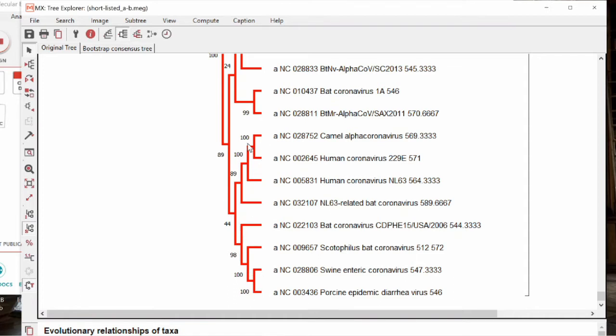Here the numbers are 100%, so here it is coming down to 50. Then on the right side we see the names of S proteins: alpha coronavirus, then the NCBI accession number, then the name, and then the alignment score.